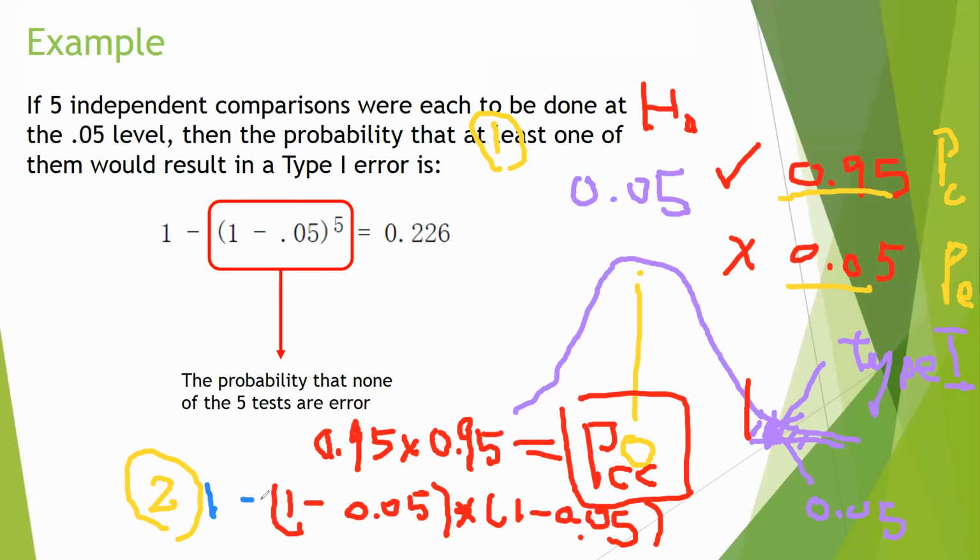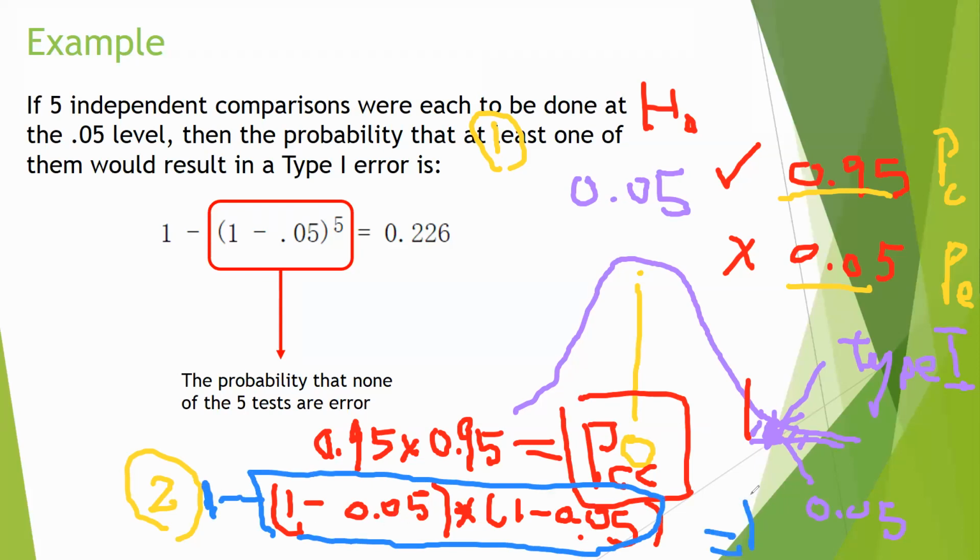You're going to use 1 minus this, right? Because this is the correct call for both. If you use 1 minus this, this will be the probability for at least one error. So I put a bar here. This probability actually includes that you make one mistake, or you make another mistake, or you make both mistakes, right? So that's how we calculate this probability.